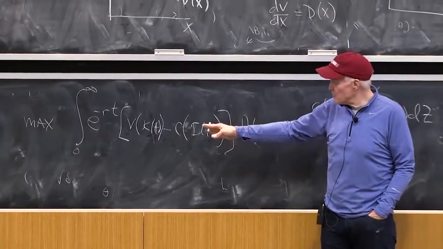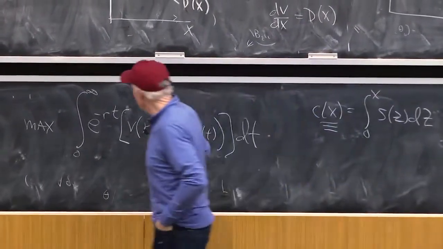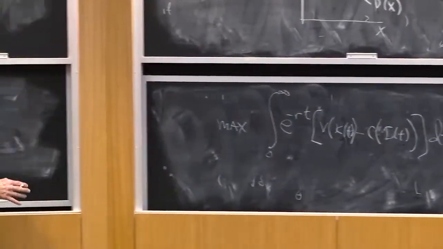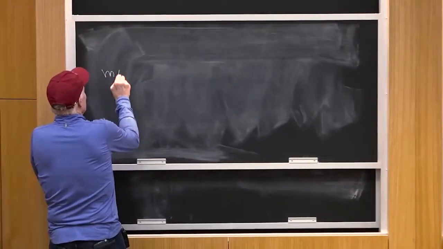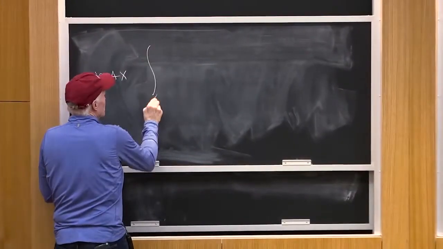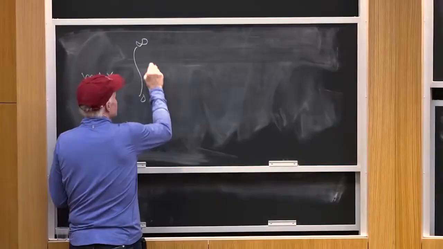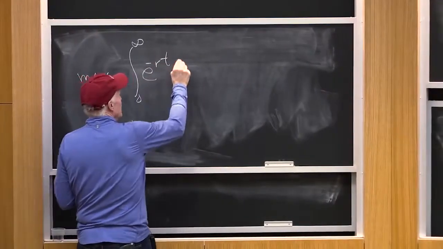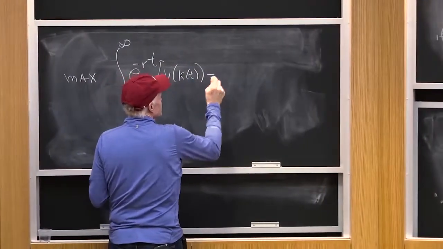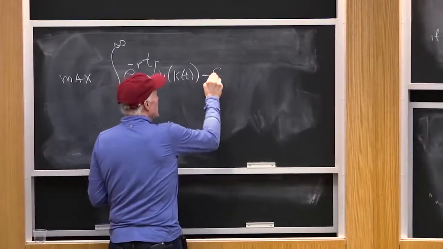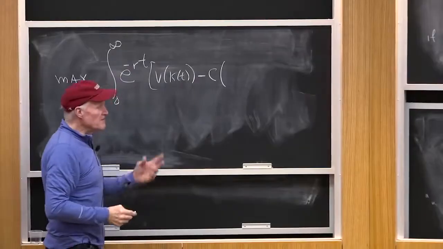What's the first order condition for this problem going to be? Well, we have to figure out how we're going to maximize this, right? So how would you maximize this function? Maximize the integral from 0 to infinity. I'm going to restate it just slightly: e to the minus rt, V of K of t, minus I. What is the amount of investment?